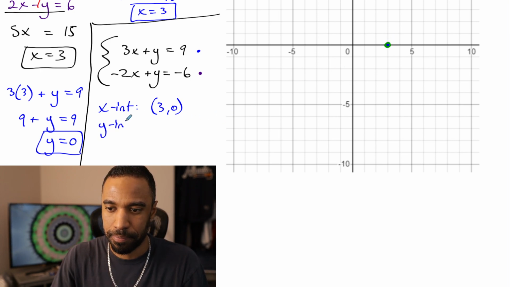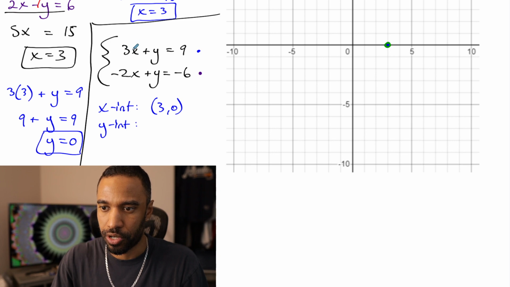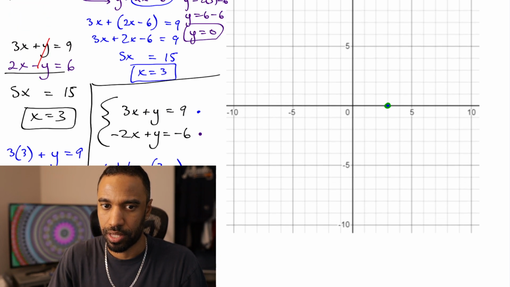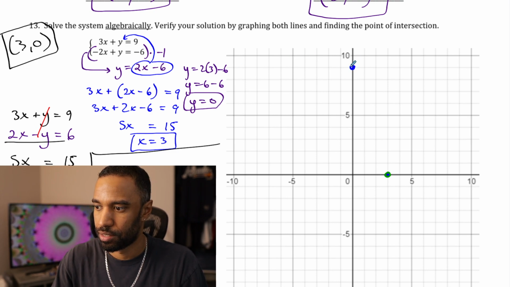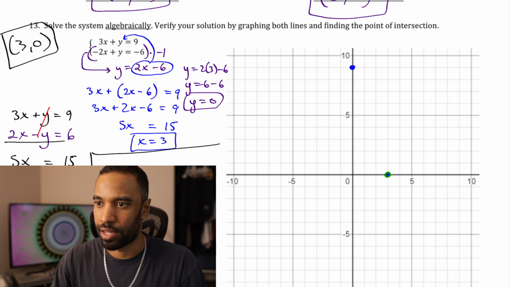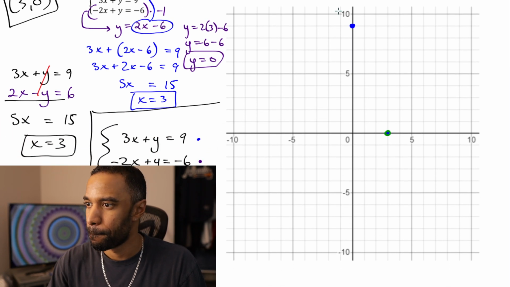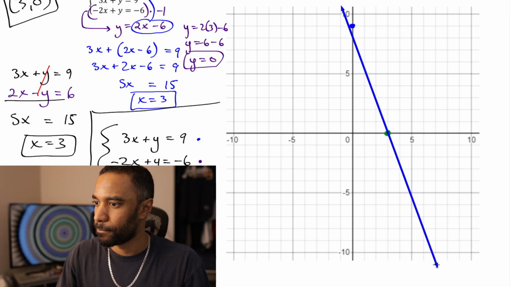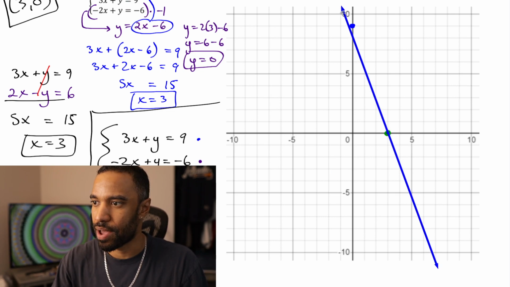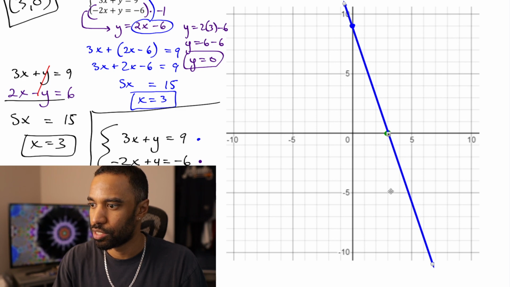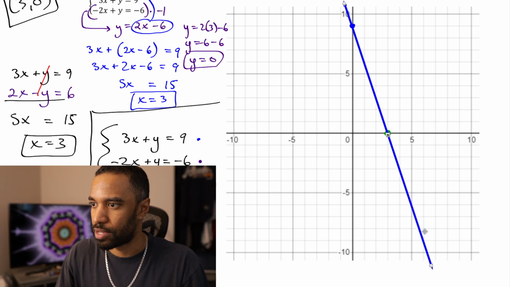The y-intercept: I set x equal to 0, so I get y equals 9. So I get 0, 9. So there's this point up here. And I can draw the line through those two, right here-ish. We'll see how accurate it ends up looking in the end.